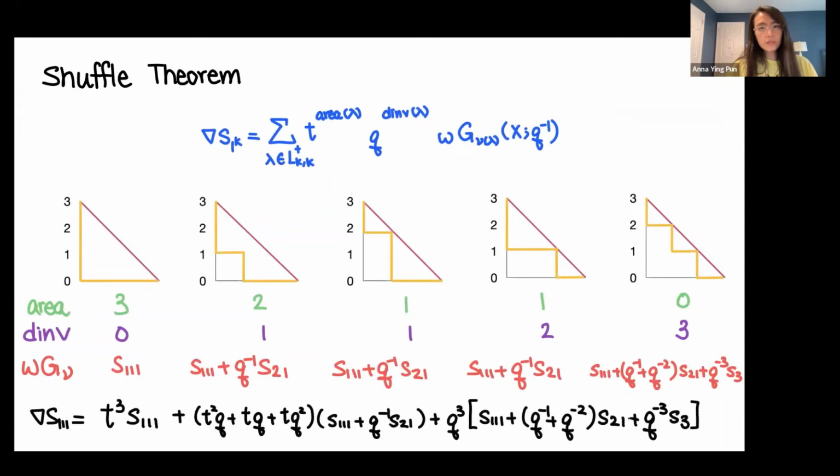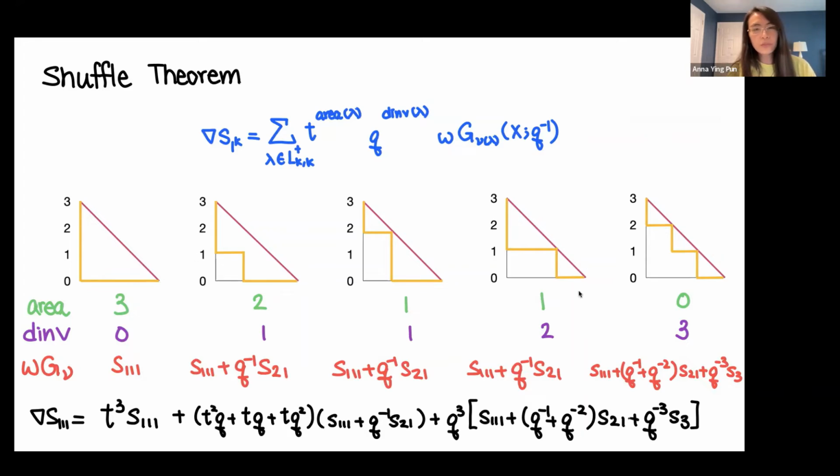So let me give you an example of what this is. Nabla of S1K, where now K is 3. The lambda in LKK are just the paths. So I have this path, the yellow is the path. I want to draw paths which are under this red line, and this red line is from 0, 3 to 3, 0.